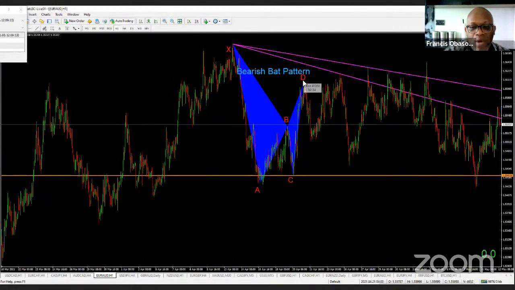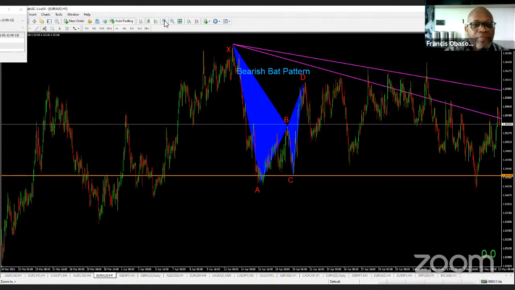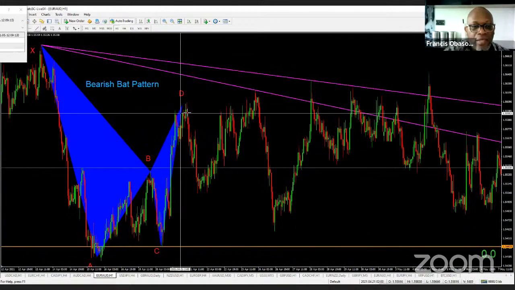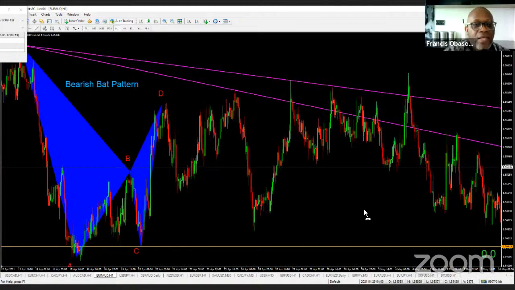Now, if D is where we enter for a sell, we see it did give us some good pips there as well, almost 100 pips. It first came down and then began to do all that. And at some point, it gave as much as 140 pips.